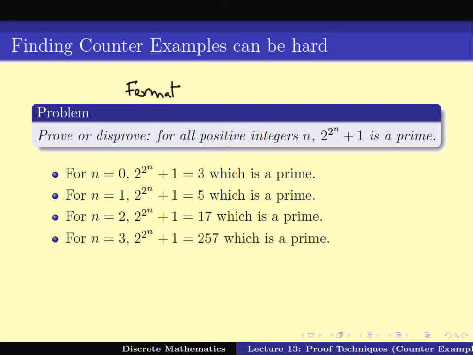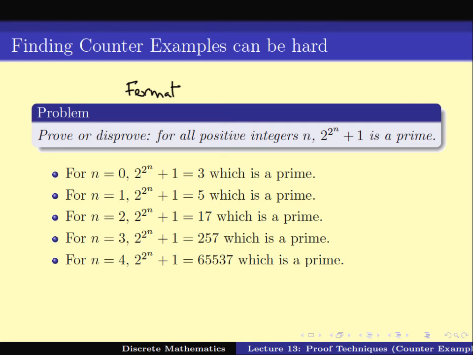For n equals 3, it's again a prime. For n equals 4, now already you can see that things are becoming very complicated here. It's 2 to the power 2^4 plus 1, which turns out to be 65537, a prime.